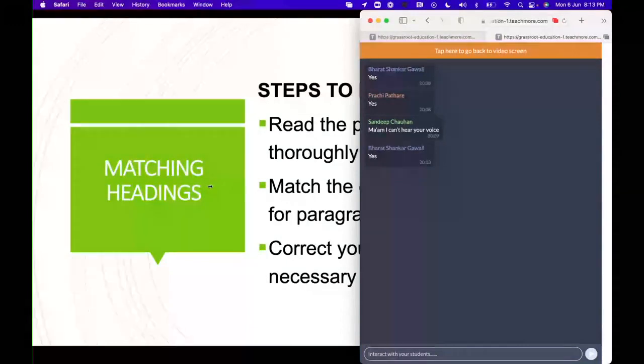So for the sake of you answering faster, I'm going to be keeping track of time. Usually, for every paragraph, which is equivalent to one question, so if you answer the heading for A, it is equivalent to answering one question. For every question in matching headings, you can take 2 minutes to find the answer.